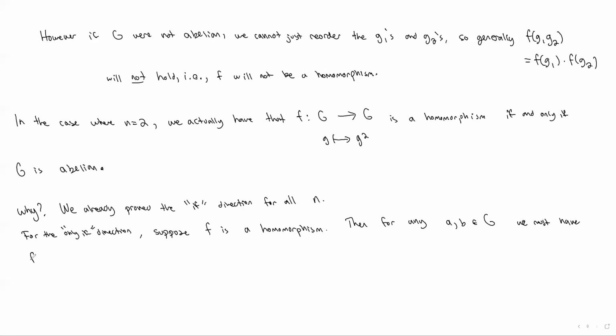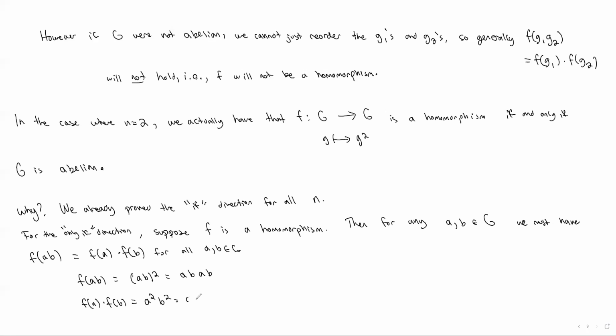So we must have f of ab equals f of a times f of b, and this should hold for all a and b in G. Well, f of ab is equal to (ab) squared, which is abab, right? You just do ab times itself. F of a times f of b is equal to a squared b squared, which is aabb.